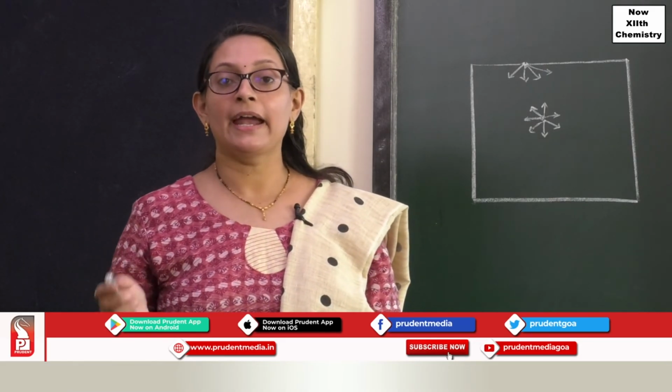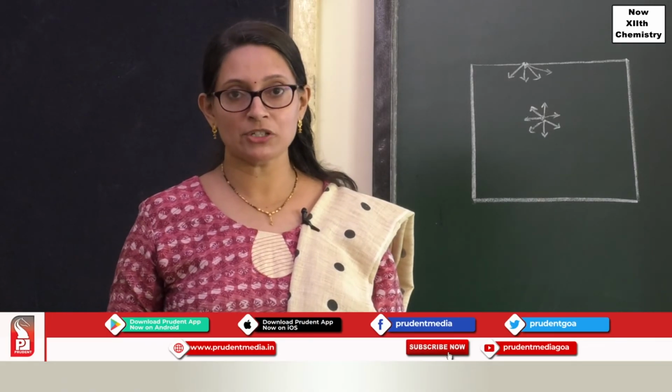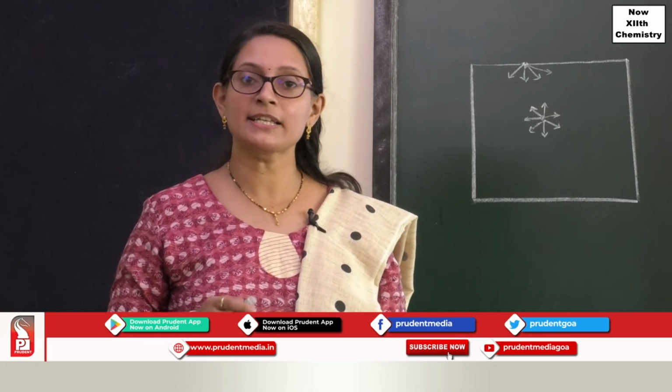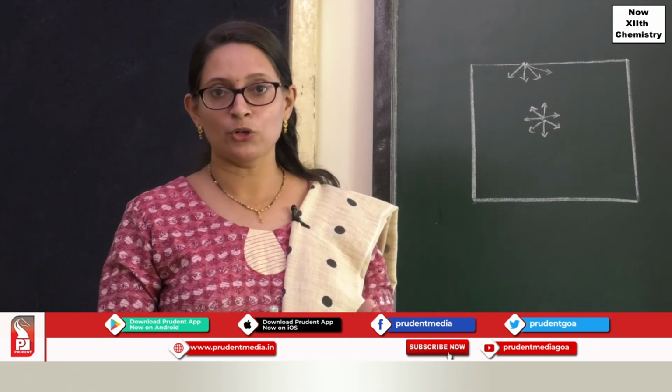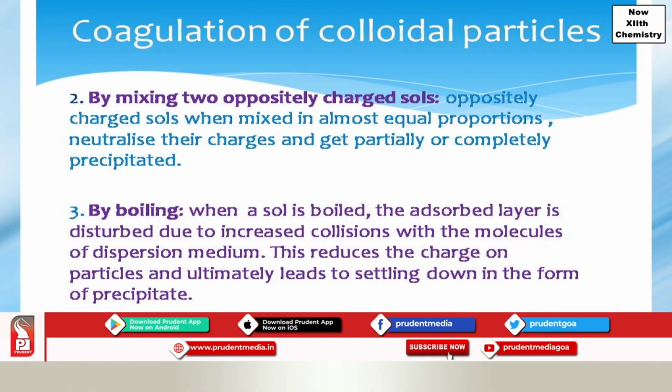For example, if you have a positively charged ferric hydroxide sol and you add an equal amount of negatively charged arsenic sulfide sol, what is going to happen? The positive charge of one colloidal particle will be neutralized by the negative charge of the other, the charge will be destroyed, and coagulation will occur.